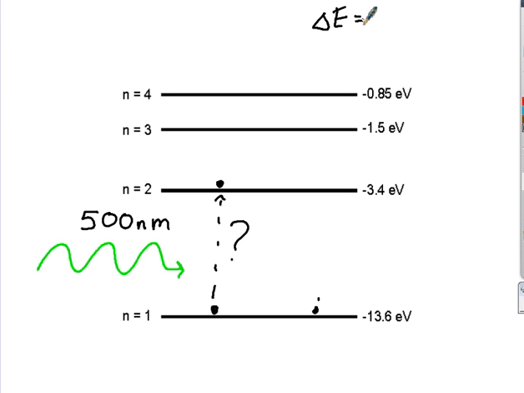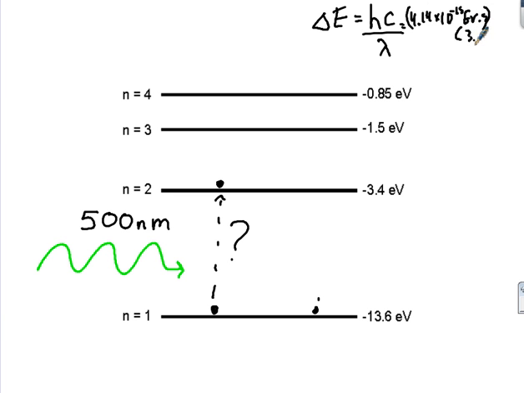The universal wave equation and the equation using Planck's constant and frequency to get this relationship. So I can calculate my change of energy this way, where it's 4.14 times 10 to the negative 15 electron volts per second. c is the speed of light.